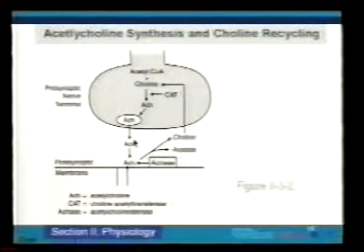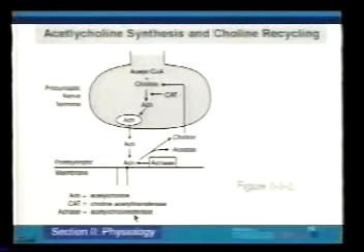Now as we said earlier, this acetylcholine will attach to ligand-dependent channels on the postsynaptic membrane, and as long as the acetylcholine is attached, the channel is open. Now the very big point about this figure is the action of acetylcholine is terminated mainly by enzymatic destruction, and this is via acetylcholine esterase.